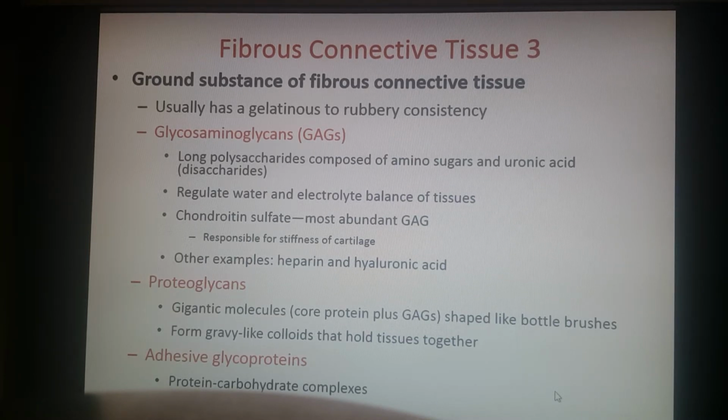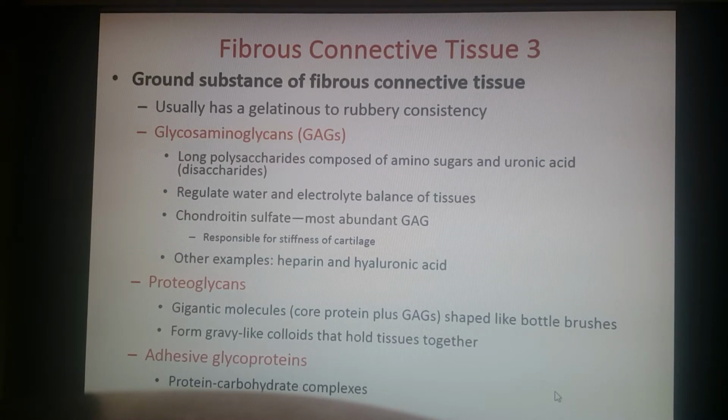Other substances in the ground substance are your proteoglycans. Again, a conjugated molecule, part protein, part carbohydrate. These are very large molecules. There's a core protein in the middle of them, and then these GAGs on the outside that kind of look like a bottle brush.